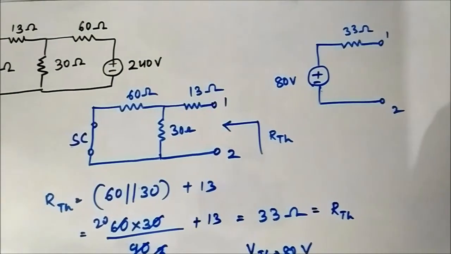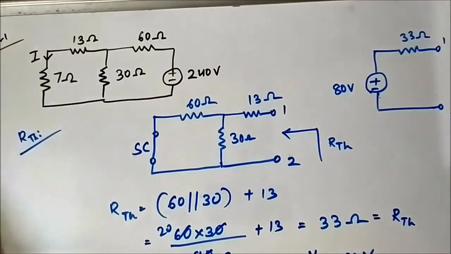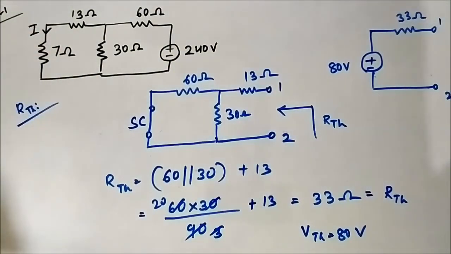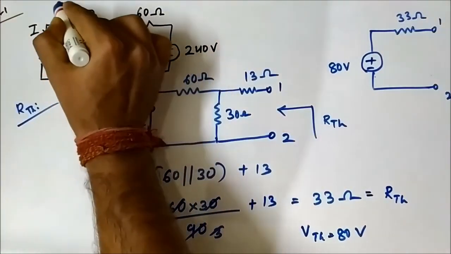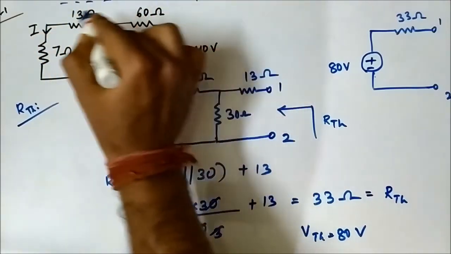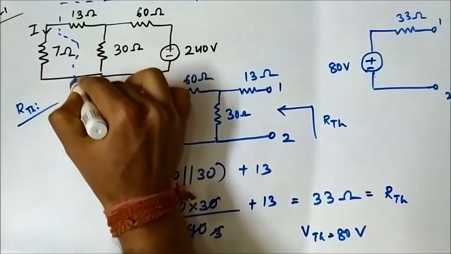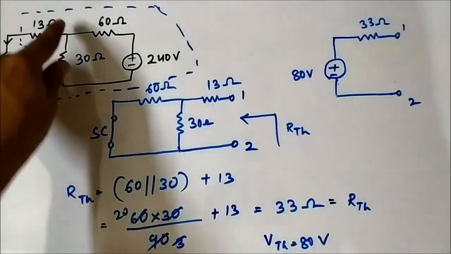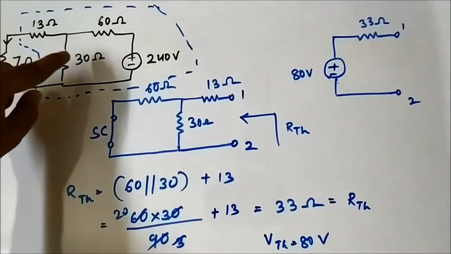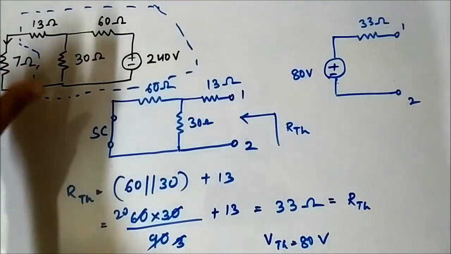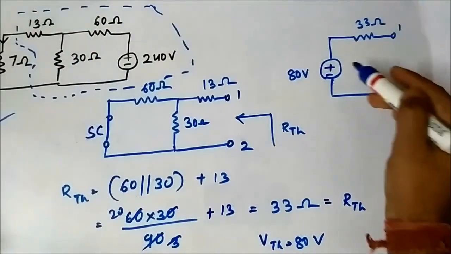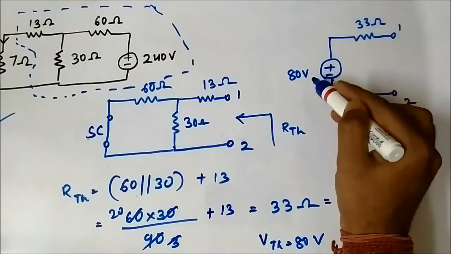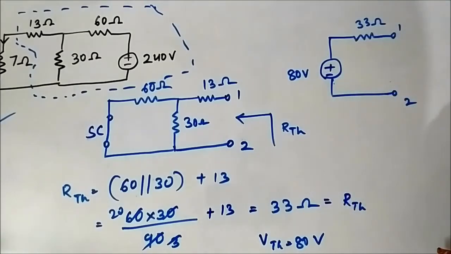But in the question our objective was to find the current through the 7 ohm resistor. So we found the equivalent Thevenin circuit for this network, excluding this. All of this, 13 ohm, 30 ohm, 60 ohm, 240 volt connected in the way they are, is the same as this 80 volt in series with 33 ohm.